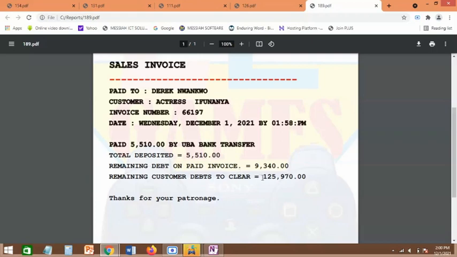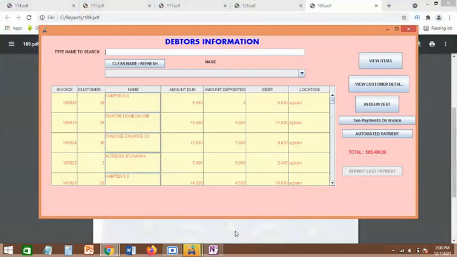The third one clears for the third invoice, remaining 149. You can see all the invoices have been generated. 5 different invoices. That's the last one. The last one says what she's now owing is 125,000.